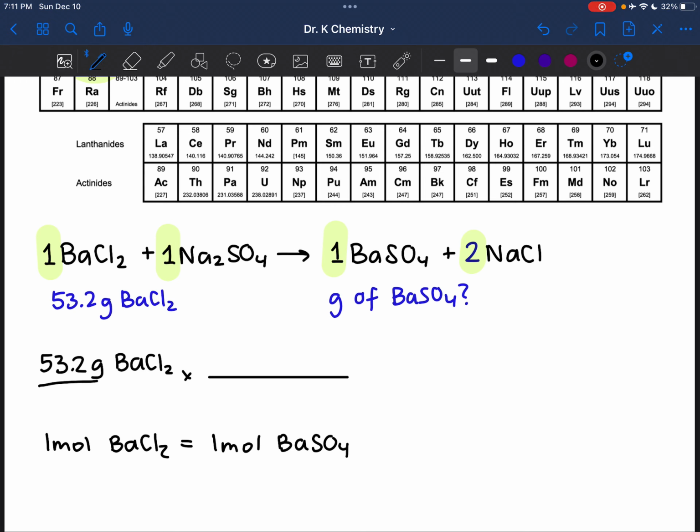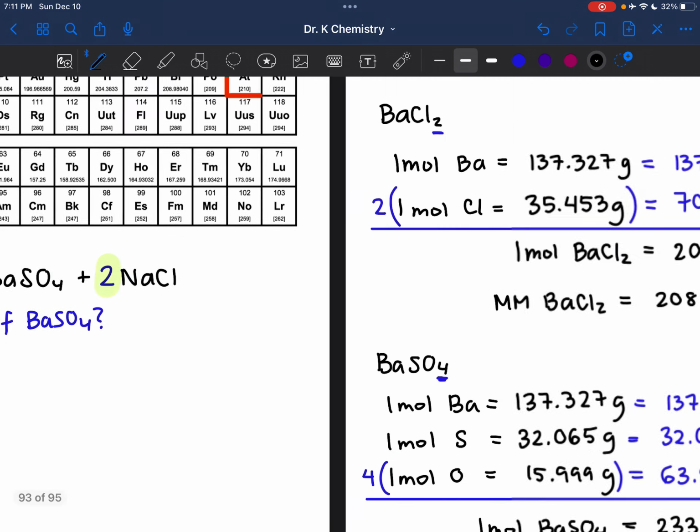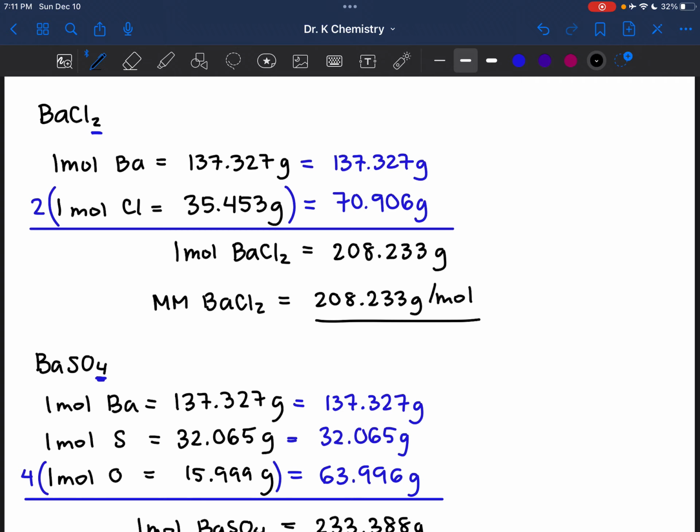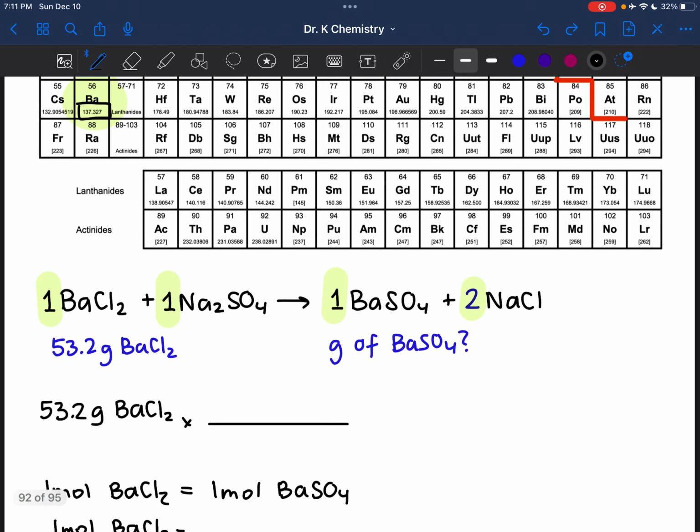So we are given that we're putting 53.2 grams of barium chloride into the flask, and I want to convert that into moles of barium chloride. Keep in mind that whatever unit is up top, we need to put the same unit on the bottom in order to be able to cancel it. So in the denominator, I'm going to use the molar mass, because I know that for every 1 mole of barium chloride, we said that had a mass of 208.233 grams.